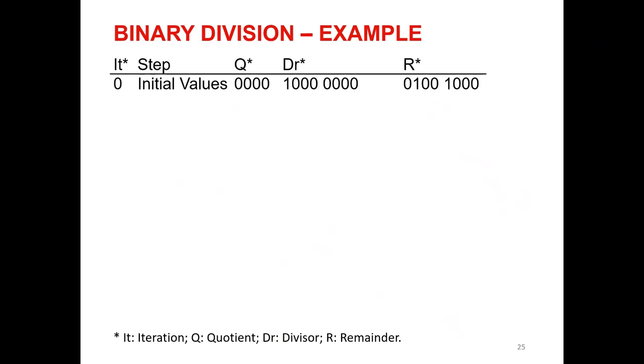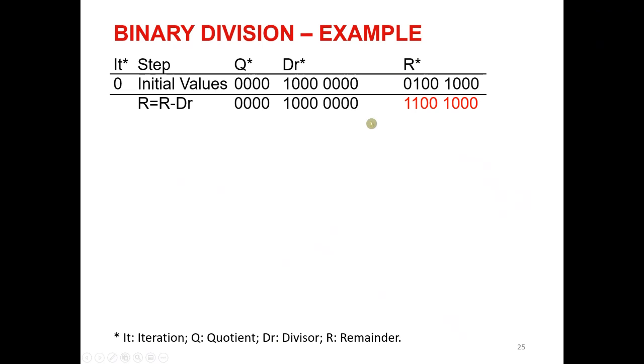So for instance, let's assume those values here. What we have done here is just subtracting the divisor from the remainder, and we get this result. Assume that we are using a two's complement notation. So if we have a 1 here, it means that the number is negative. If it is negative, the algorithm says that we need to restore the remainder.